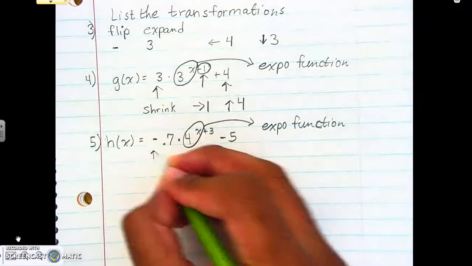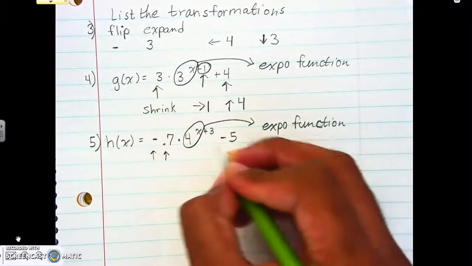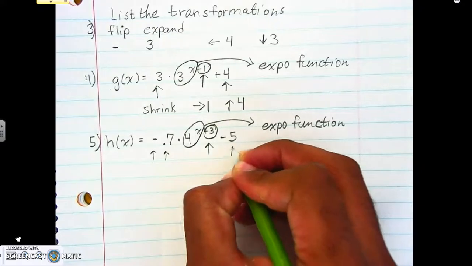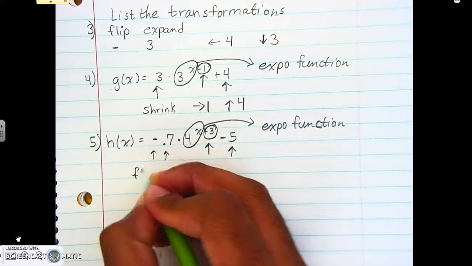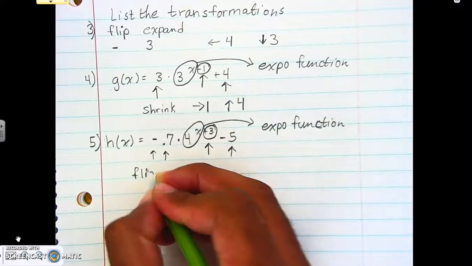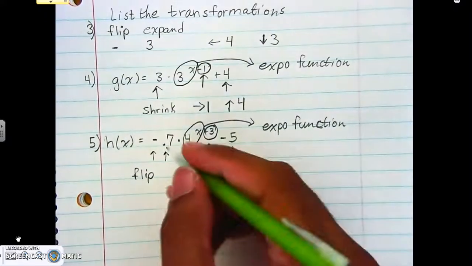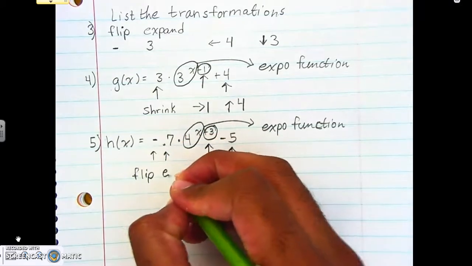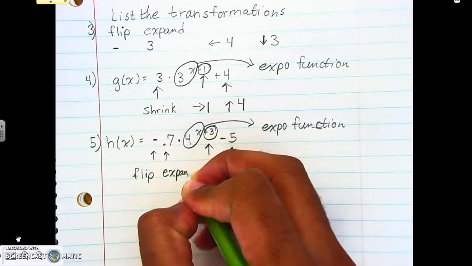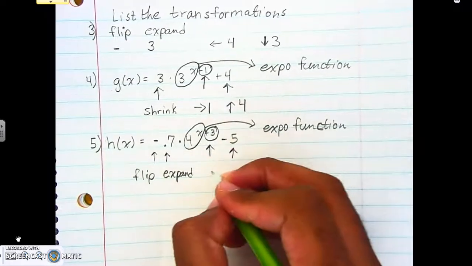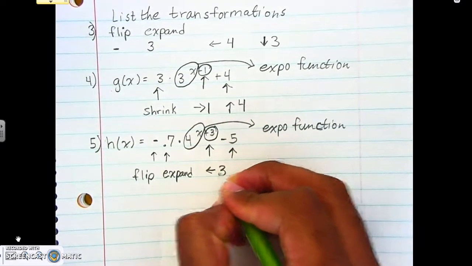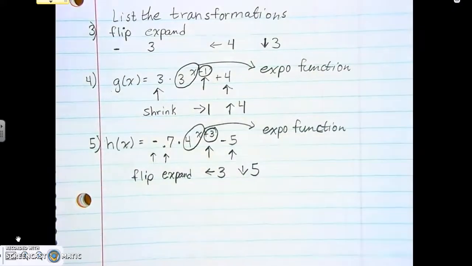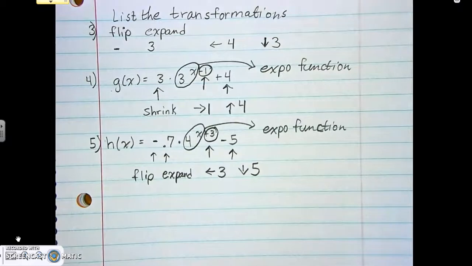The negative has something, the 0.7 is something, that positive 3 is something, and the negative 5 is something. So now we flip it. For exponential functions, if it's between 0 and 1, it expands. If it's greater than 1, it shrinks. So this one expands. The plus 3 means you're going to the left 3. And then that minus 5 in the back means you're going down 5. And that's it. Bam, easy, simple.